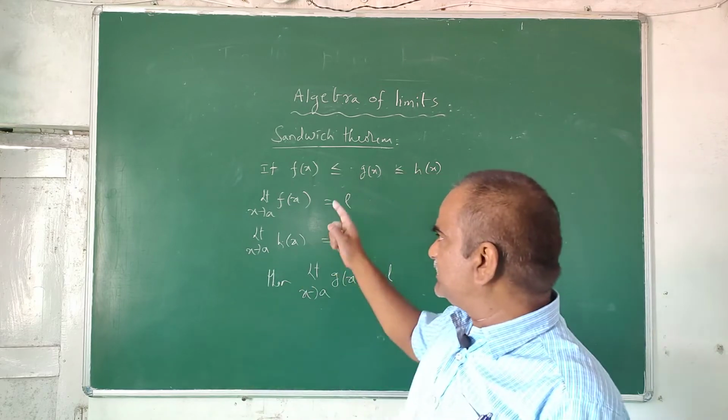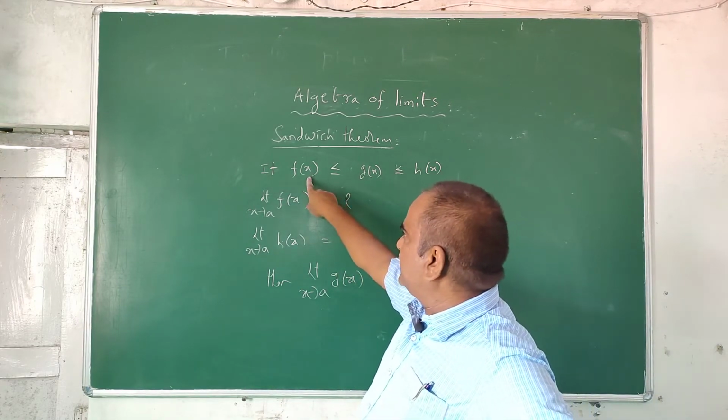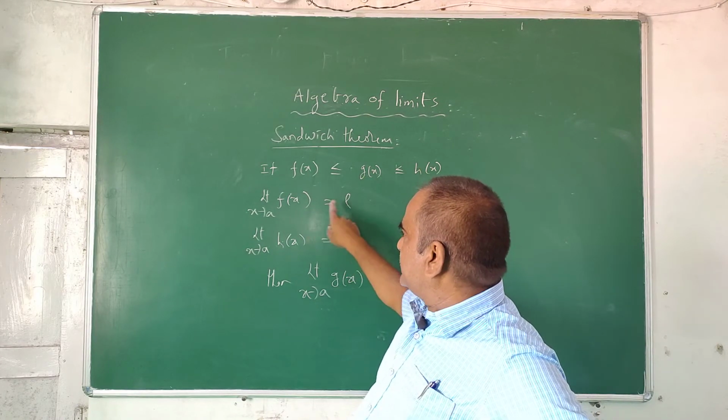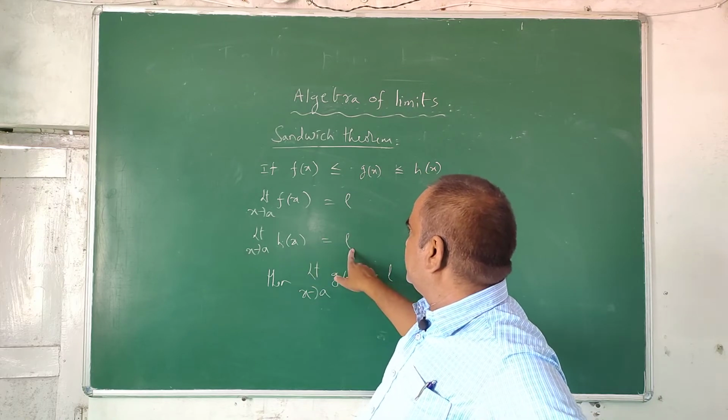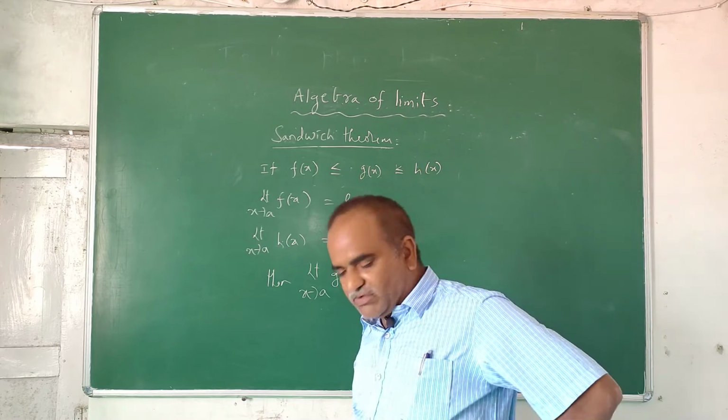Please do remember this. If the three functions f, g, h follow this relation, and the limit of f of x is L and the limit of h of x is L, then the limit of g of x will also be equal to L.